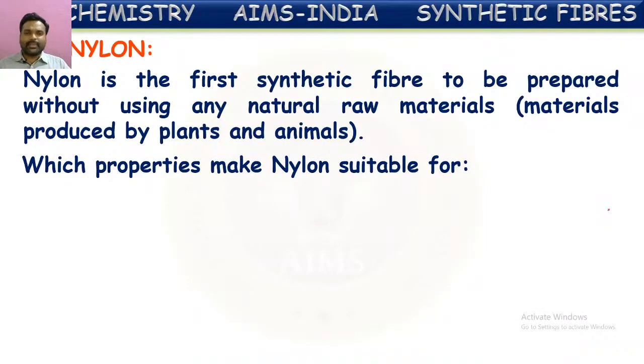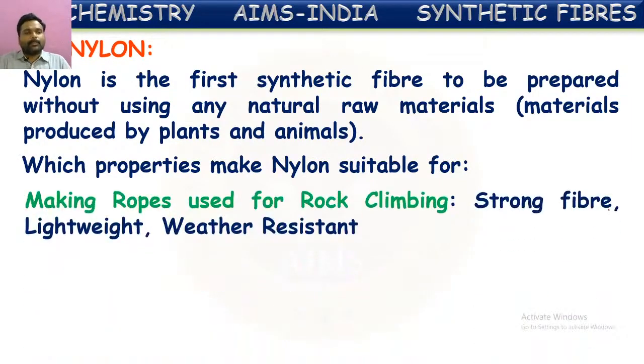So, which properties made nylon suitable for making ropes used for rock climbing? Yes, most rock climbing ropes are made from nylon because nylon is the strongest fiber among natural and synthetic fibers, and it is light in weight and weather resistant.